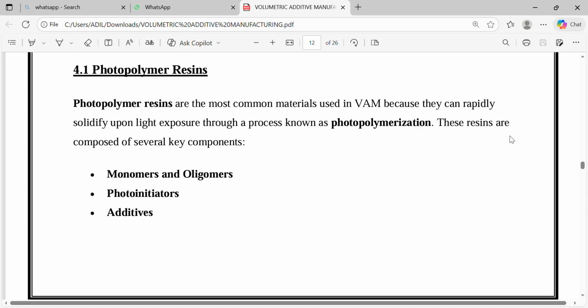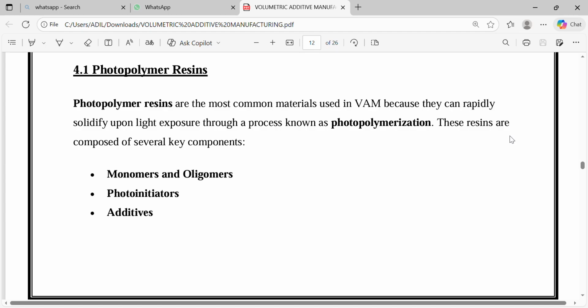Photopolymer resin. Photopolymer resins are the most commonly used material in VAM because they can rapidly solidify upon light exposure through a process known as photopolymerization. These resins are composed of several key components. First, monomers and oligomers, which are the building blocks of the polymers.